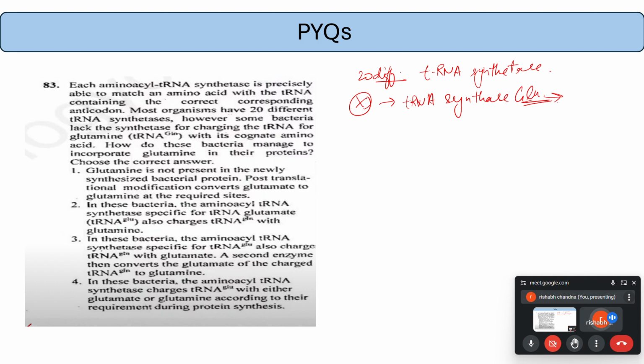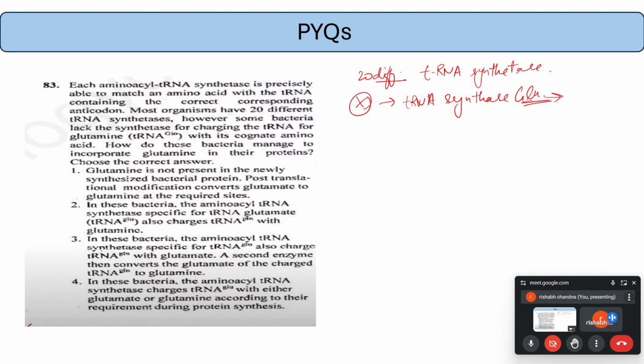A second enzyme then converts the glutamate of the charged tRNA glutamine to glutamine. In these bacteria, the amino acid tRNA synthetase charges tRNA glutamate with either glutamate or glutamine according to their requirement during protein synthesis. So this was an information plus application based question.